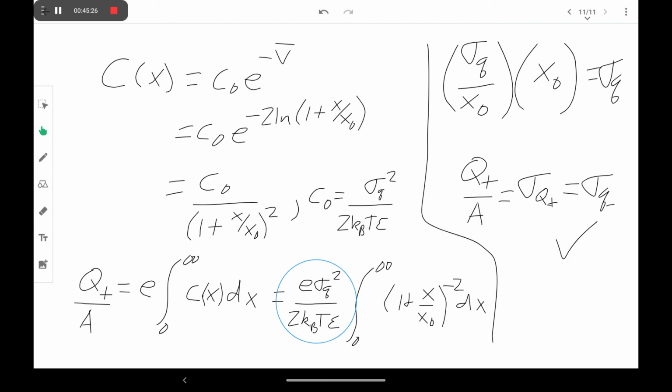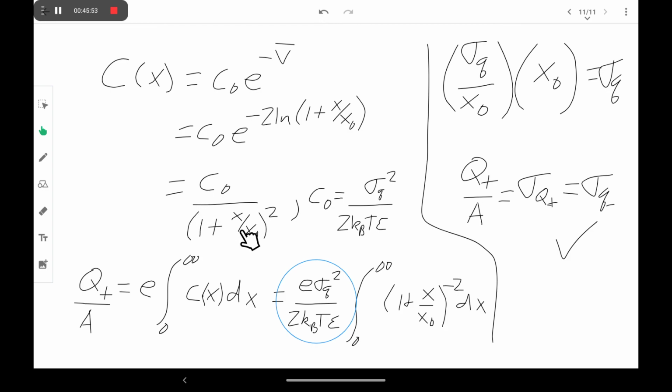that charge, that concentration of charges, it doesn't go out forever. It decreases pretty quick, and we can see that because remembering before our concentration was whatever initial e to the negative v bar, and now that we know what v bar is, we can plug that in terms of this x and x0, and we get this equation here.